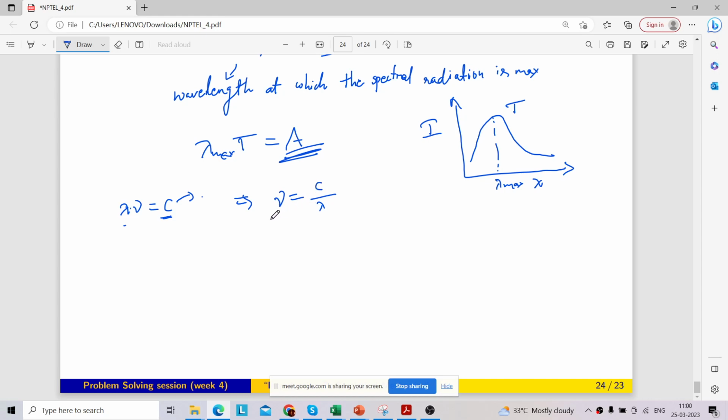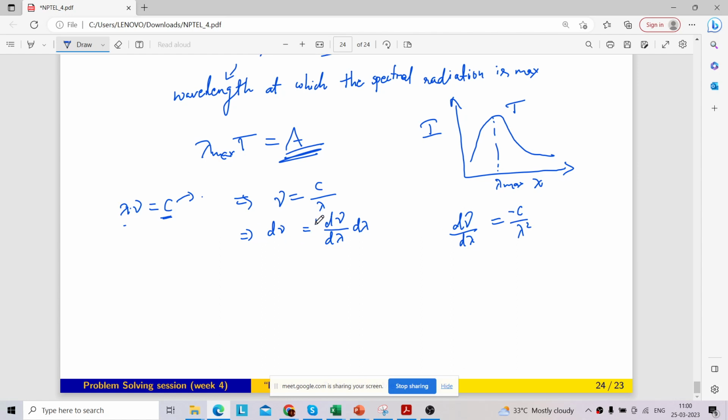Then I can write d nu as d nu over d lambda times d lambda, right? Then I have to find this d nu over d lambda. So d nu over d lambda will be minus c over lambda square.